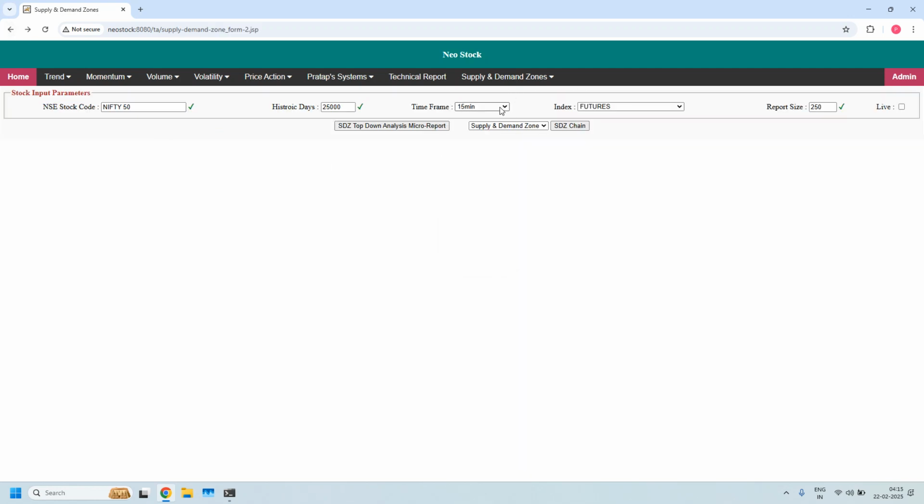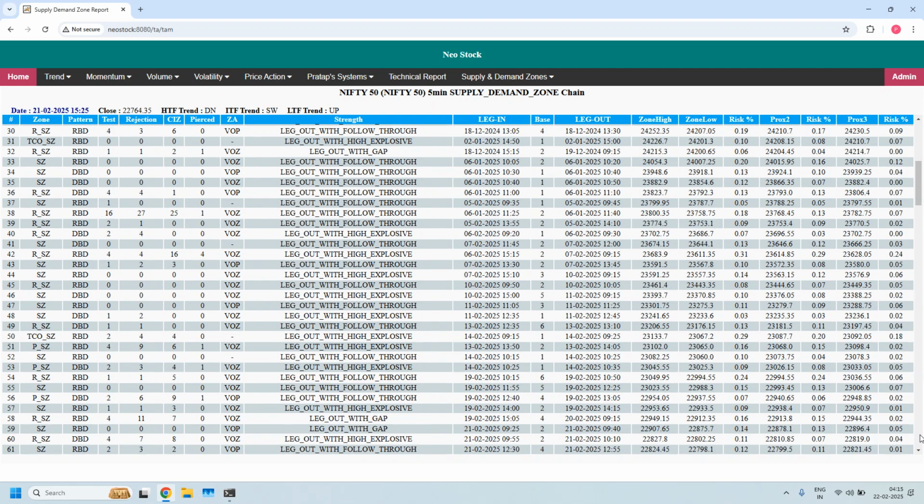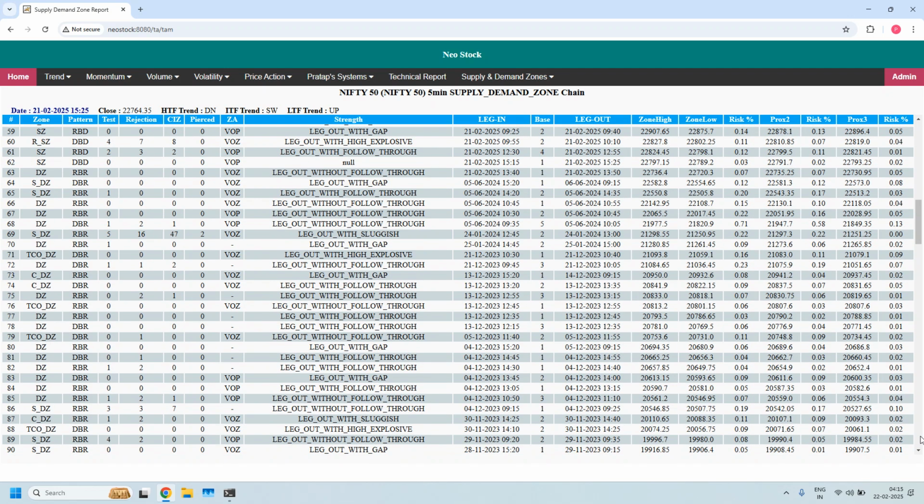Next, 5-minute supply demand zone chain for NIFTY. All these are all supply zones. I am scrolling the list down. In the second page also all are supply zones. Again I am scrolling the list down. And we have demand zone at item number 63. This is the nearest demand zone to the current closing price.